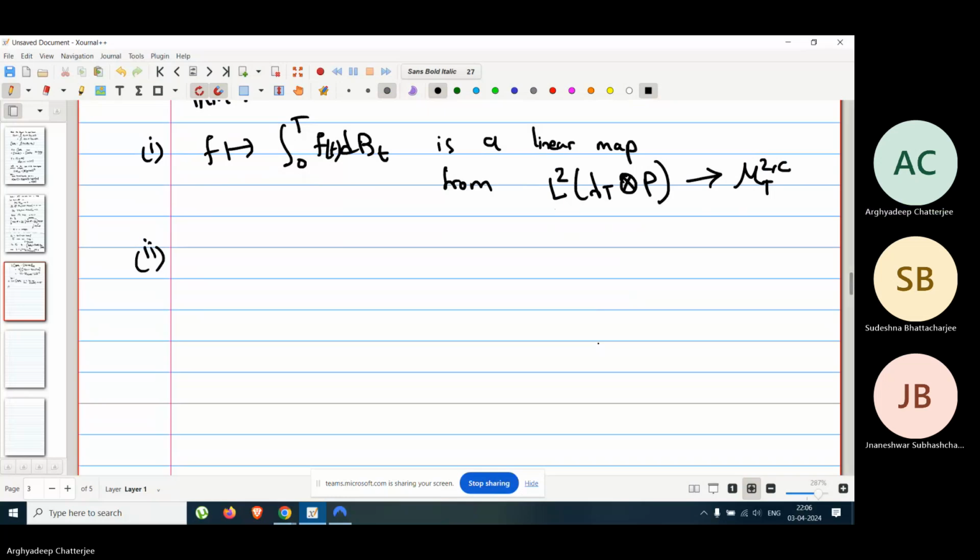Number two, I'll come to the proofs later. We have the integral of f of t dBt, with f in this L2 of lambda_t cross P. Is that the progressively measurable?